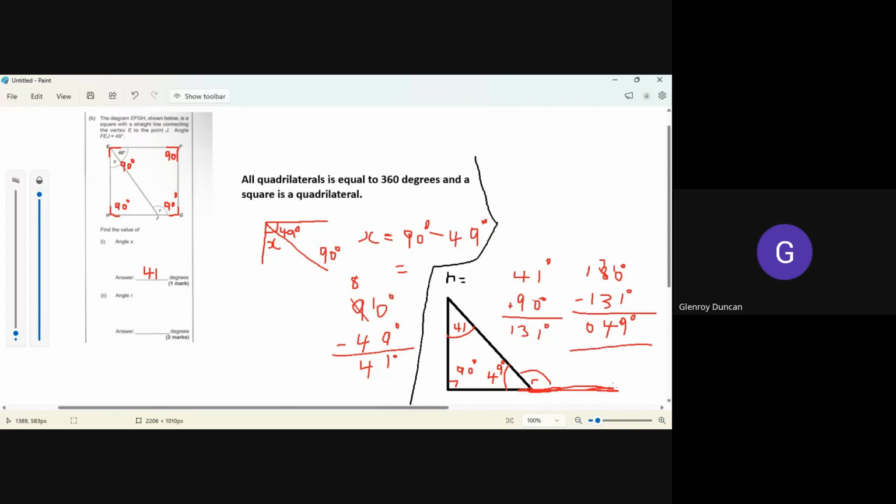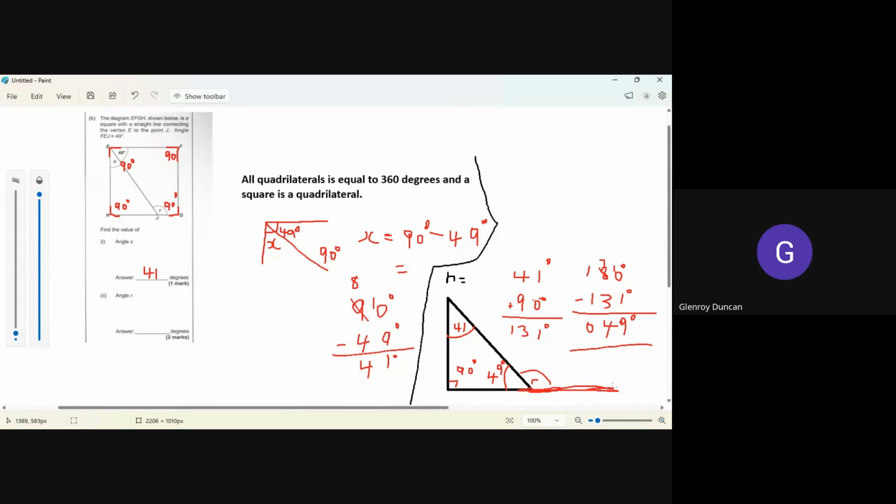Because if we add the 90 from the H and the 90 from the G, we are going to get 180 degrees, which is a straight line, minus the little part, which is R, and the 49, which we have already found.